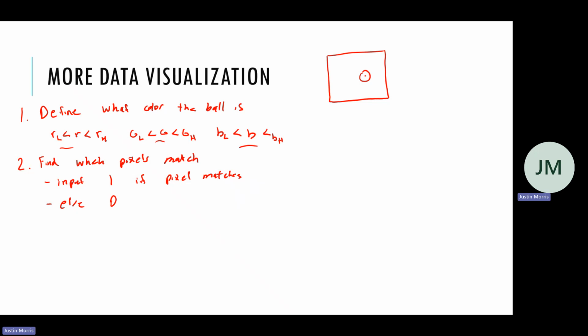So now you'll have kind of like a mask of your image. Right? This is where the ball is, right? So everywhere here, all of the values are 0, right?